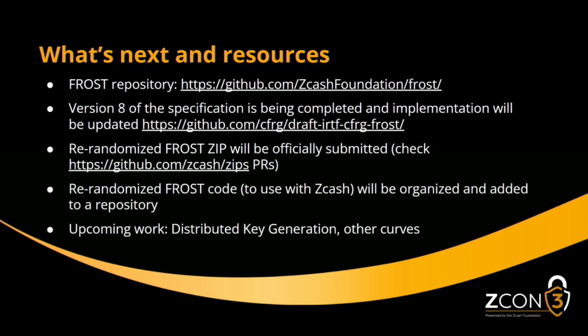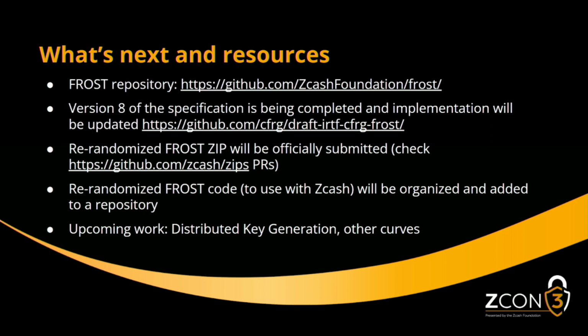We have a working proof of concept code that works. We have already tested it, but we need to clean it up a bit, since it's just branches in random repositories. So our next step is to clean up that code and make it available as a crate. Also related to Frost in general, if you're interested, there's the main Frost repository.